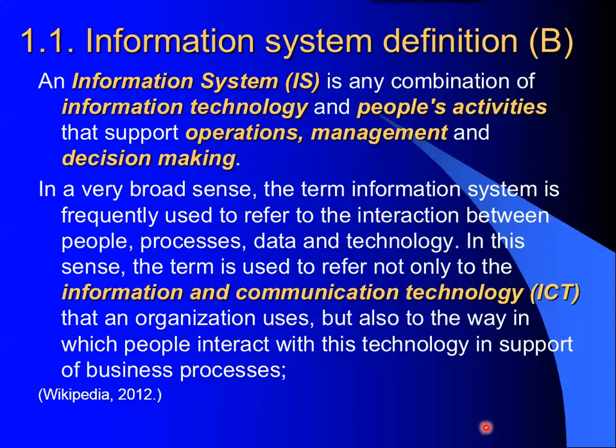If we talk about a computer-based information system, from both definitions it must be obvious that I emphasize people's activities. When we talk about an information system, we can't consider only hardware and software solutions, only computers and computer software.